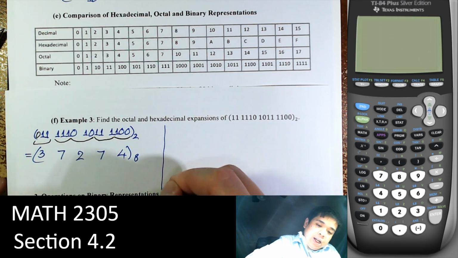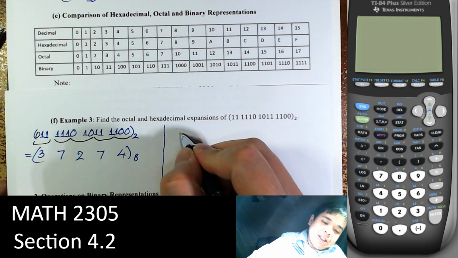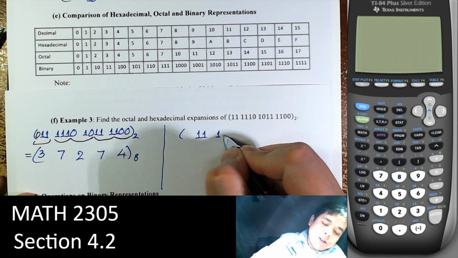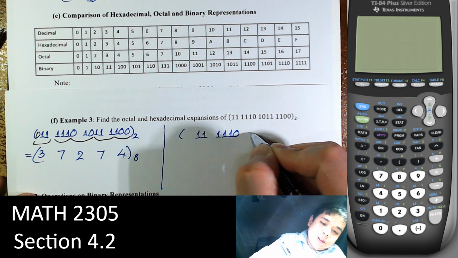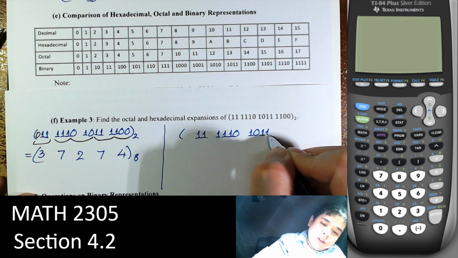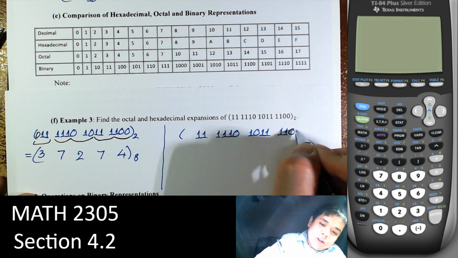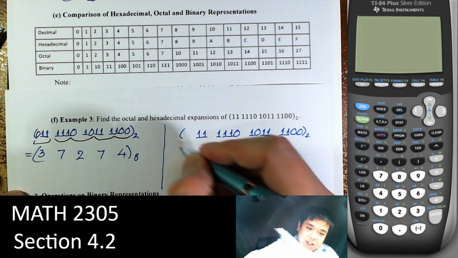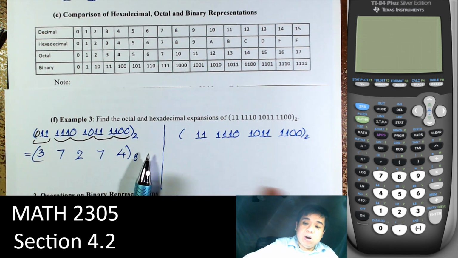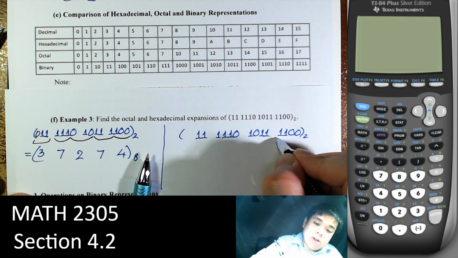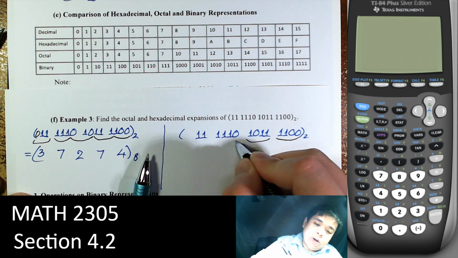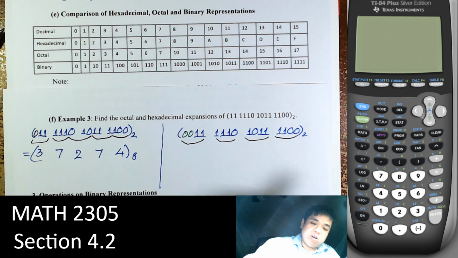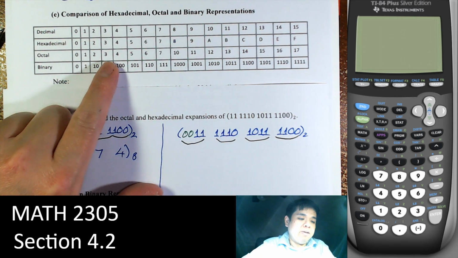Now we convert to base 16. We need blocks of 4 for hexadecimal, and we add extra 0s if we need to.